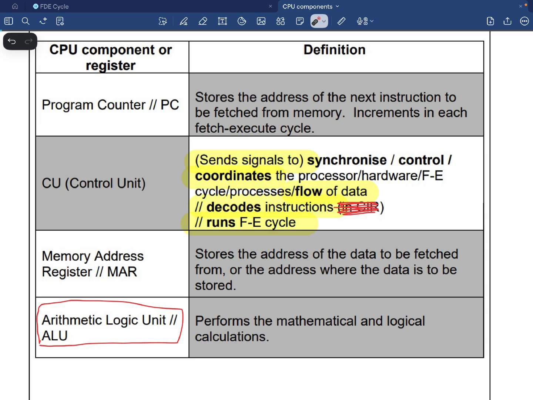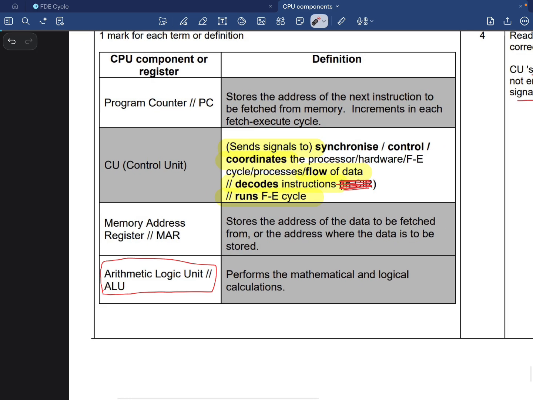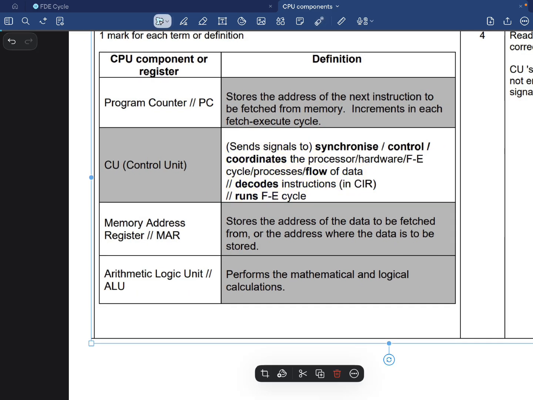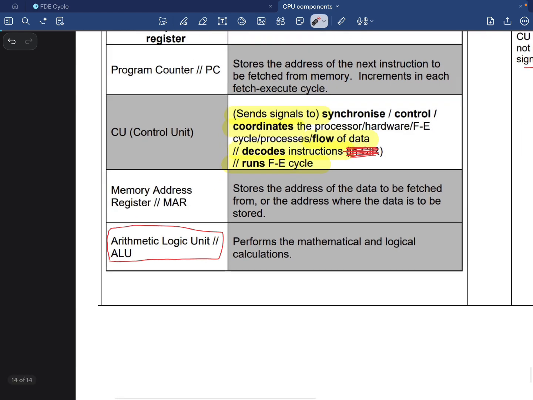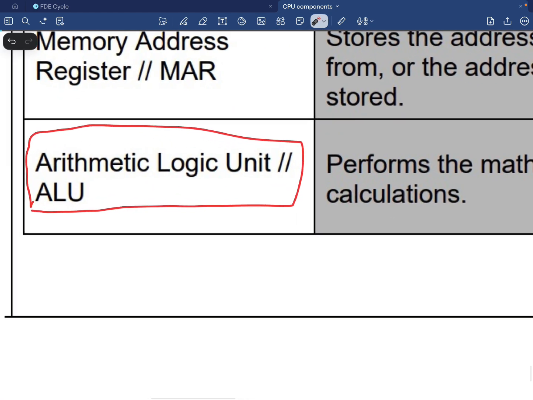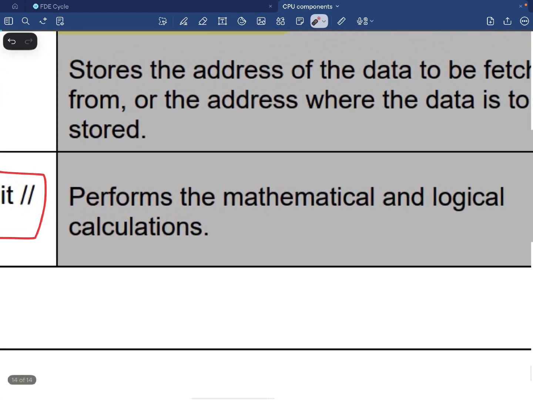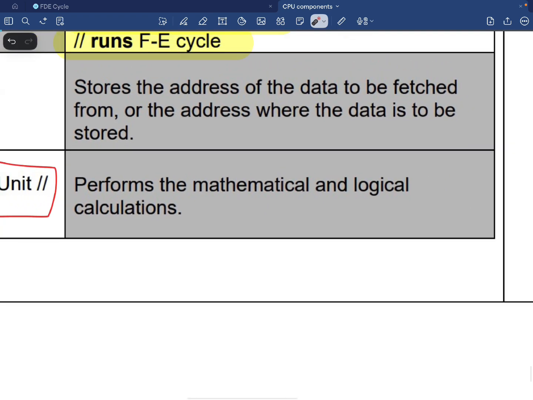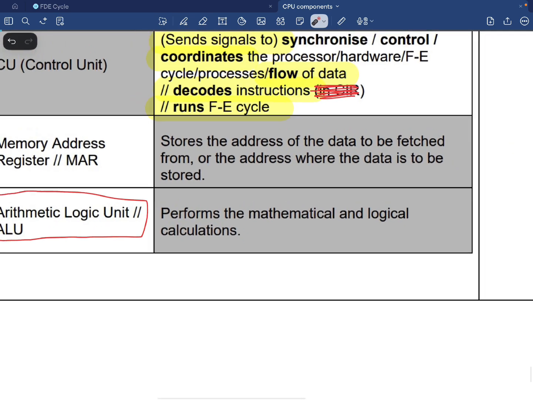There's a lot of things you could say. Now this next point, it decodes instructions just as we said, and it also runs the fetch, decode, and execute cycle. Now here we have the ALU, the arithmetic logic unit. We said that it performs the mathematical and logical calculations.